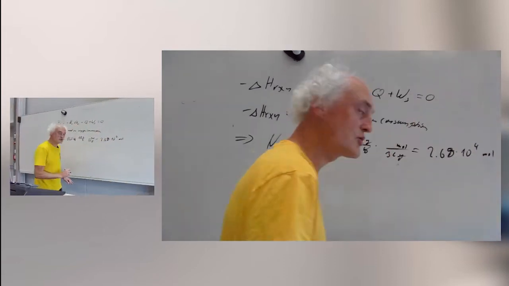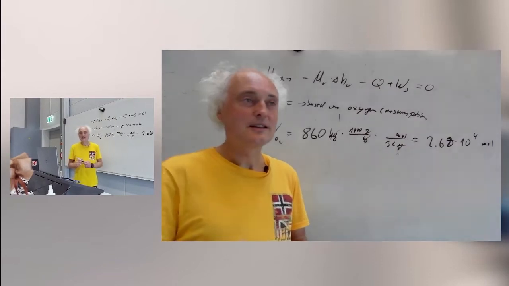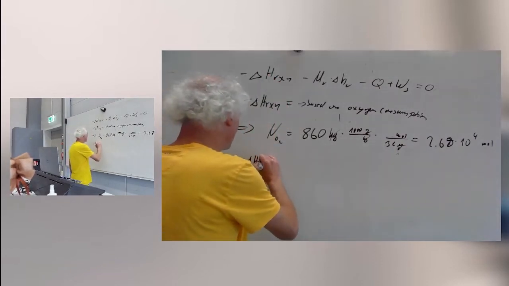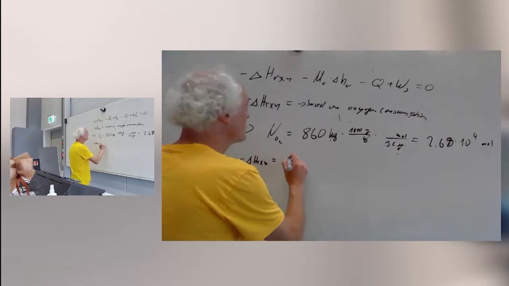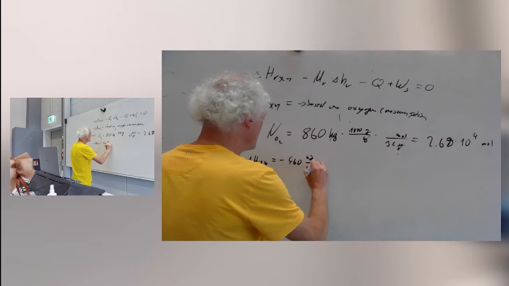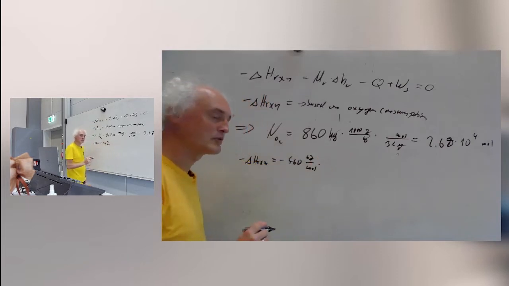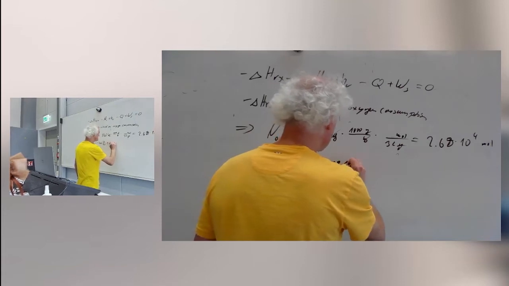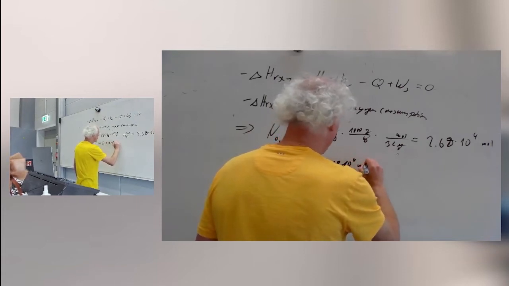Okay, so there we are happy. And then we can, of course, calculate our minus delta H Rxn, which is equal to minus 460 kilojoules per mole, this was equation 44, times our 2.68 times 10 to the 4 mole.